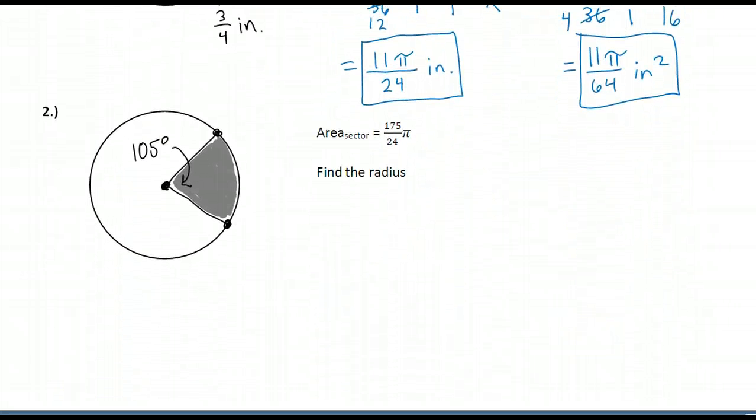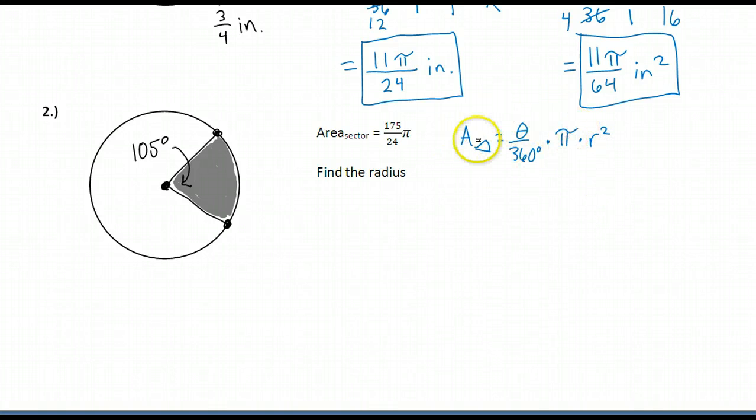In our second example, we're given the area. So that's where I'm going to start. I'm going to start with the area formula. The area of a sector equals theta out of 360 degrees times pi times r squared.